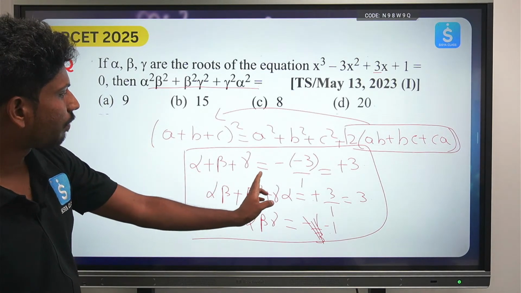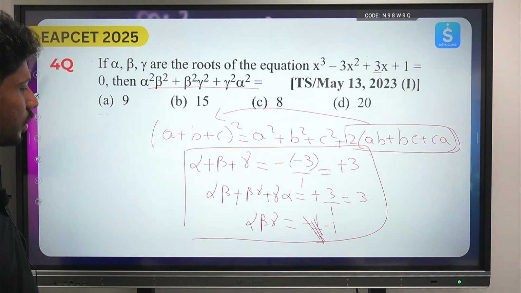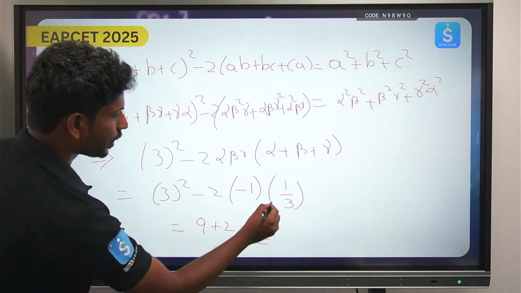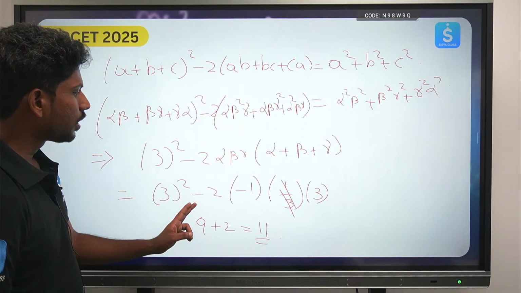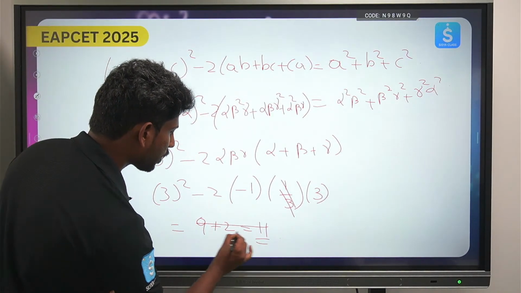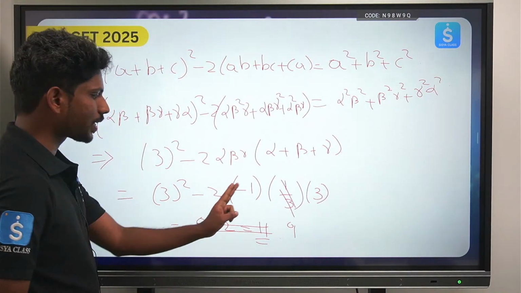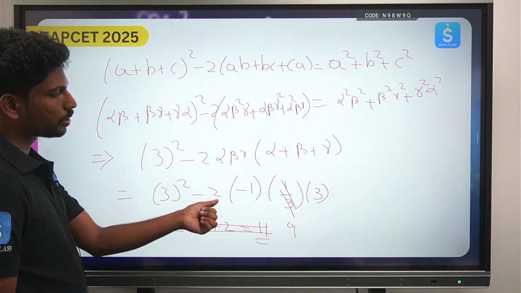So this will become alpha plus beta plus gamma 3 and alpha beta gamma minus 1, so minus 1 into 3. This will also be just 3. So now we have 2, so this whole thing will become 9 plus minus of minus plus 2, so 2 into 3, 6.